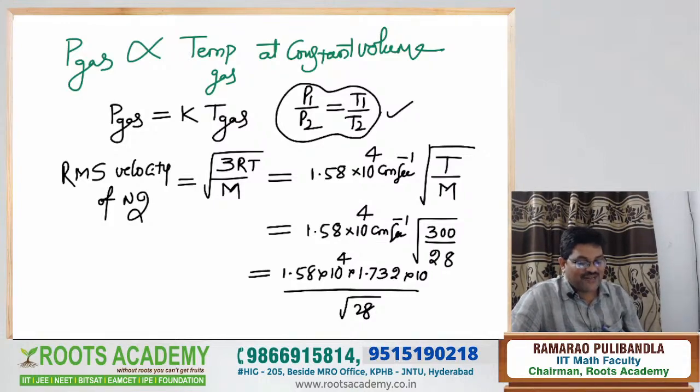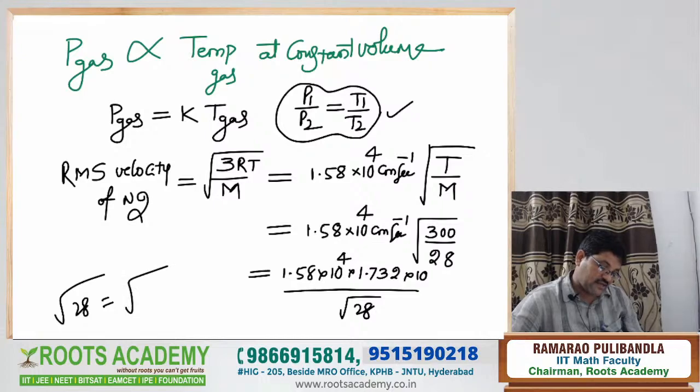Root 28 you write as 7 fours are 28, so that is 2 root 7.